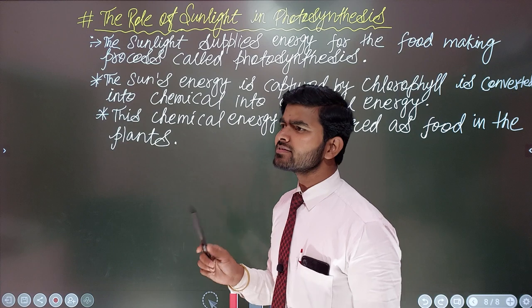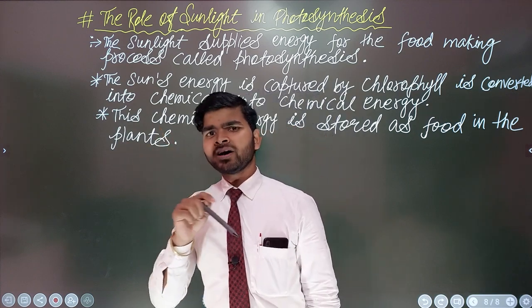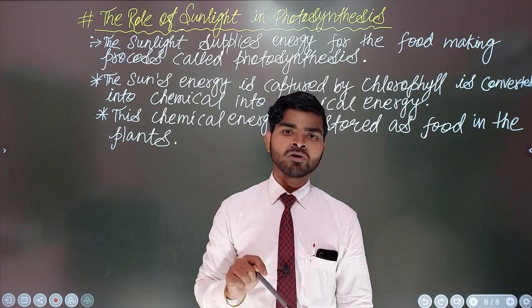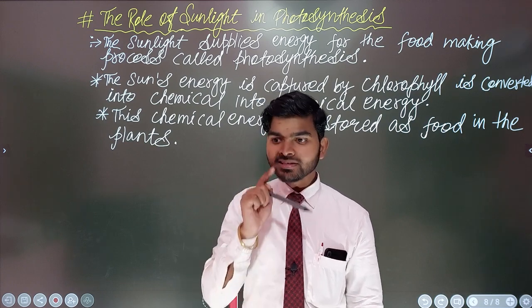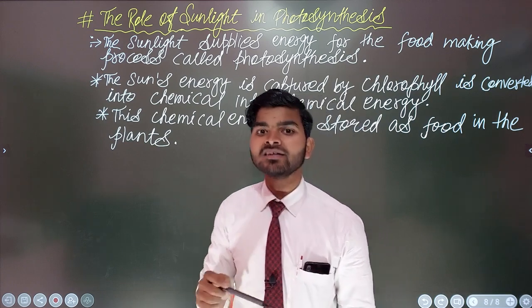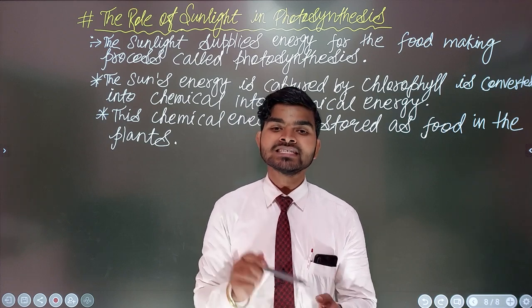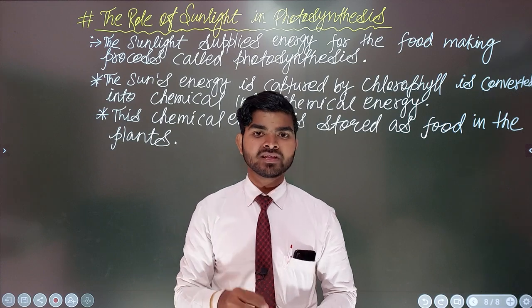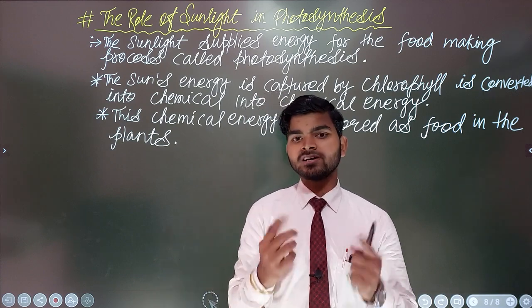Some people may be thinking, sir, why do plants need sunlight, and why is photosynthesis not possible without sunlight? That means you are indirectly asking me what is the role of sunlight in photosynthesis. I am going to teach this point.